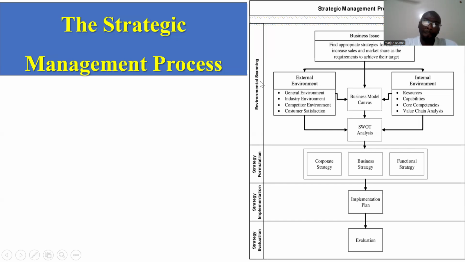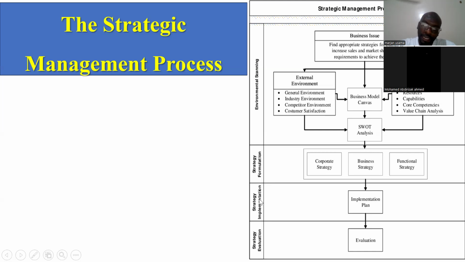So number one, up there, you have what is known as environmental scanning. Number two, strategy formulation. Number three, strategy implementation. Then lastly, we have strategy evaluation. So these are the four things that are involved in strategic management.